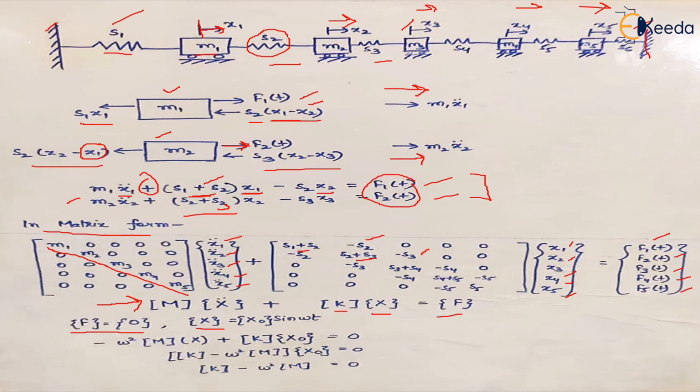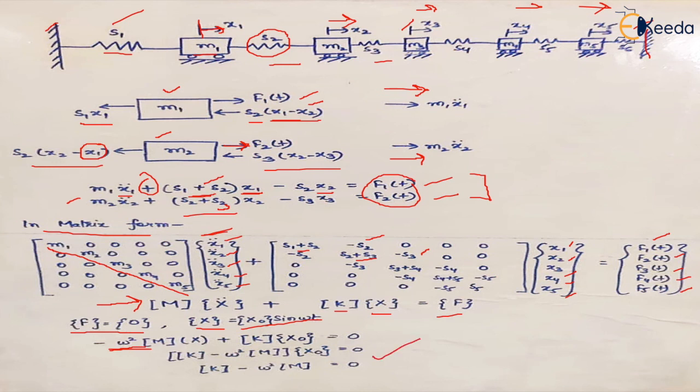The way we did for 2 degrees of freedom, similarly we can place the equations, right? If this is x0 sine omega t, then x double dot will be in terms of minus omega square. So you can replace x double dot with minus omega square x, and this is how we can solve the equation.